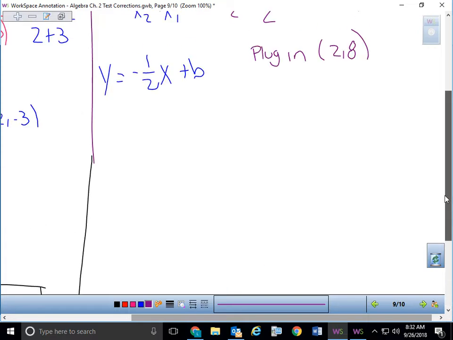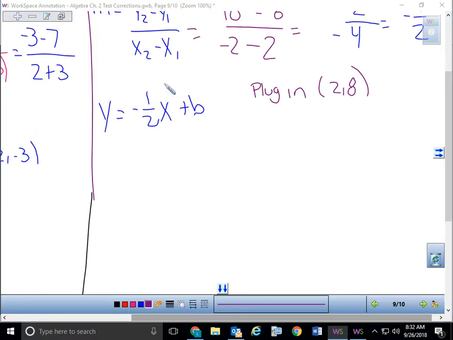So that means I'm replacing y with 8, replacing x with 2. So that has 8 equals negative 1/2 times 2 plus b. When I'm working with fractions, I make everything a fraction, so 2 becomes a fraction by putting it over 1. You can multiply tops or multiply bottoms or cross simplify or reduce. It's my favorite.